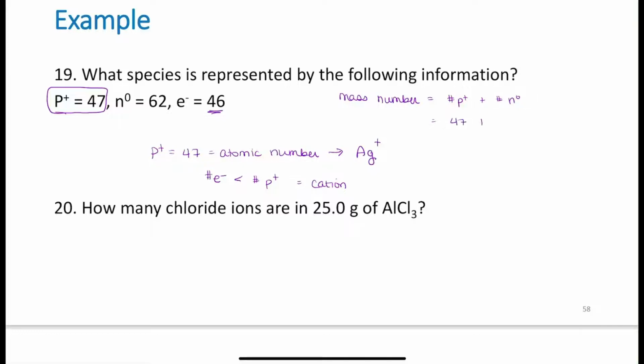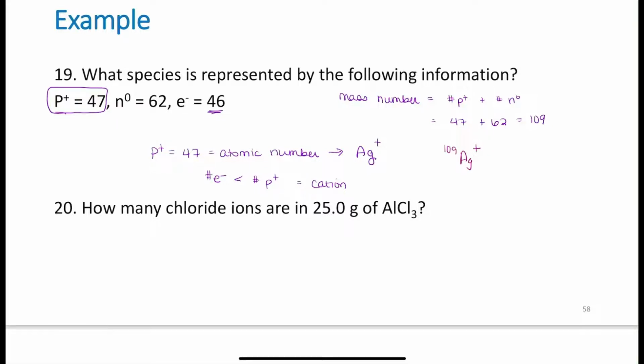So 47 plus 62 equals 109. So I represent this as 109 Ag+. It's telling me it's isotope 109 of silver, and it's a silver ion. Cation specifically, but we call it the silver ion. We'll, again, learn more about naming in the very next chapter.